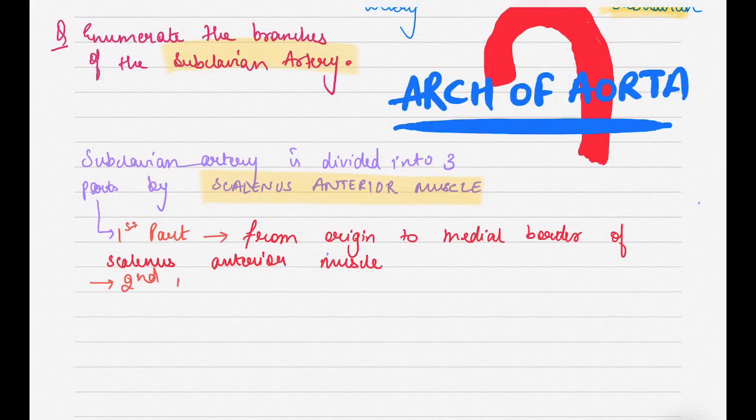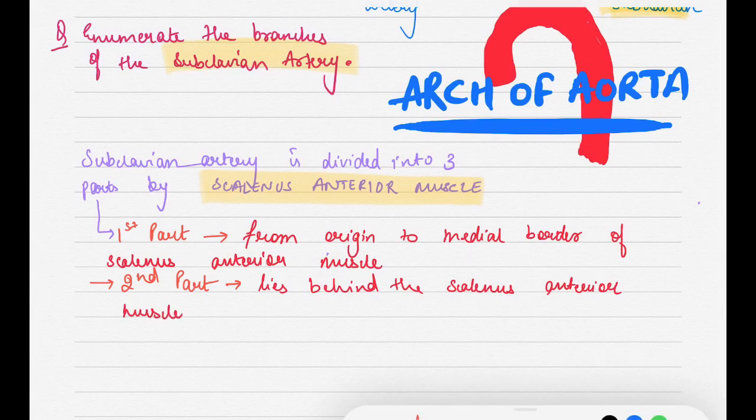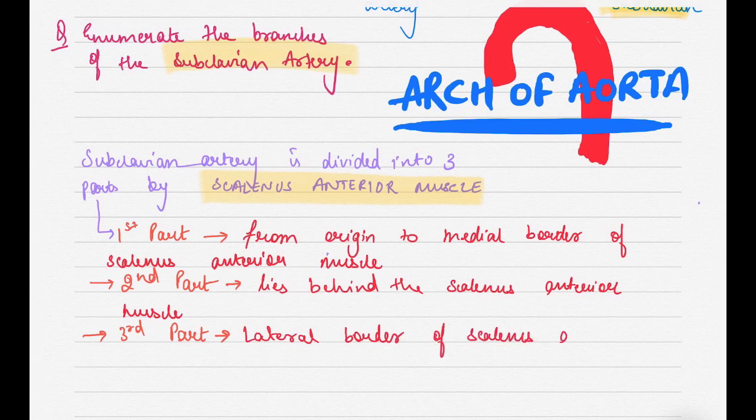Now the second part lies behind the scalenus anterior muscle, and the third part is from the lateral border of the scalenus muscle to the outer border of the first rib.